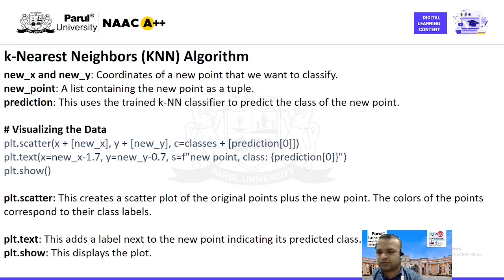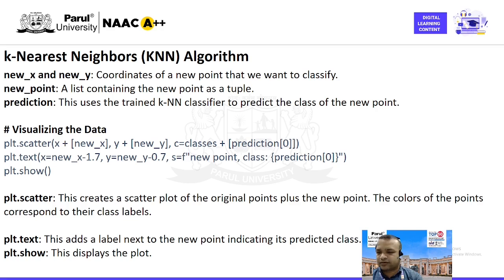Now we want to visualize this data. So visualizing the data using plt dot scatter, we want to visualize the data in scatter form. So plt dot scatter of x plus new underscore x, that means the new data point coordinate of x, y plus new underscore y, comma c is equal to classes plus prediction of 0.